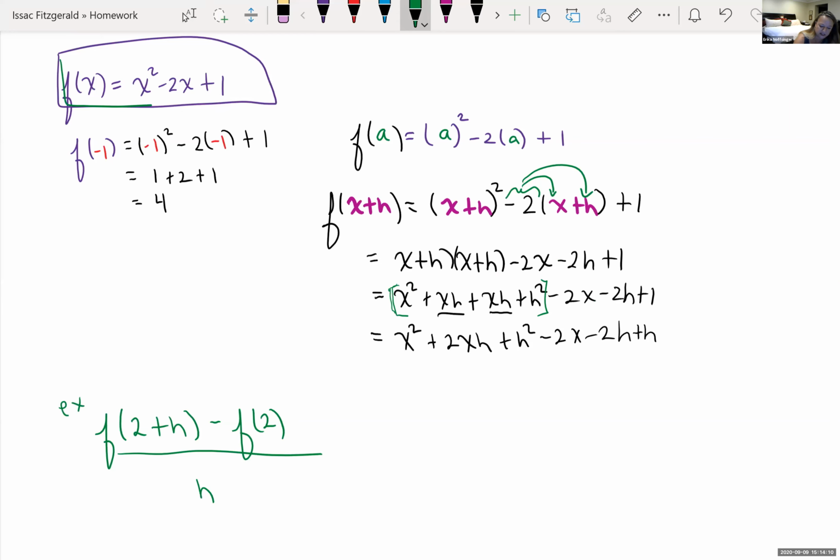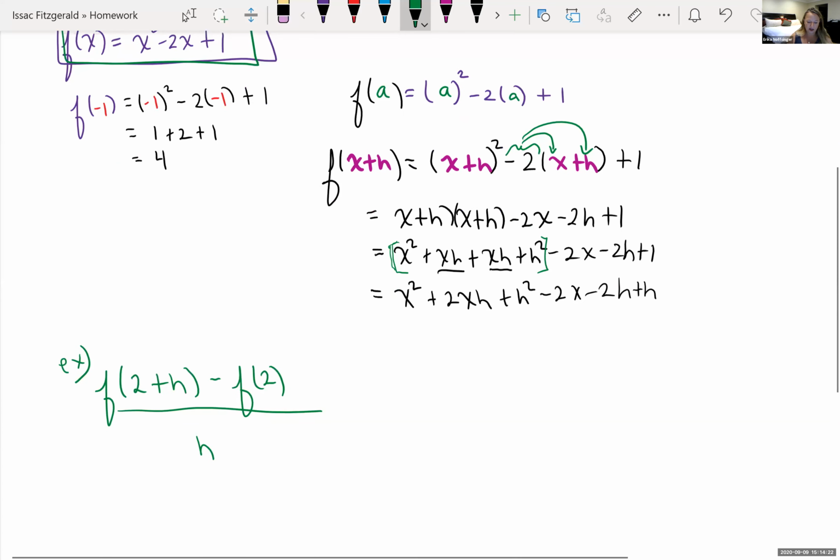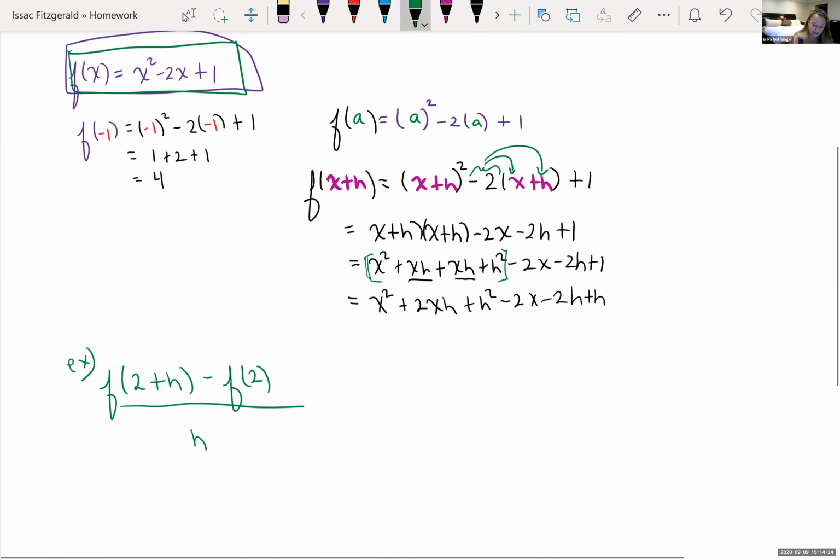And again, we're going to use this same function, f of x, which is x squared minus 2x plus 1. Sometimes students find it helpful to do this in pieces at first. And so let's first look at f of 2 plus h.